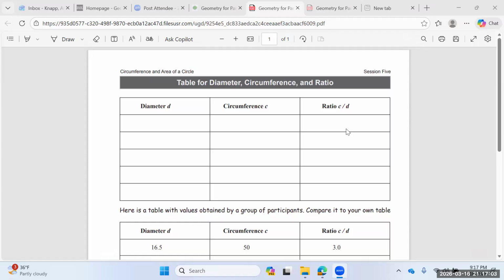And that will give you this ratio right here. Okay, so when I take circumference divided by diameter, I am getting 3.2 for the ratio.